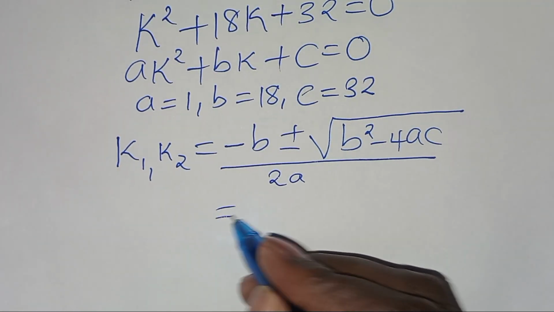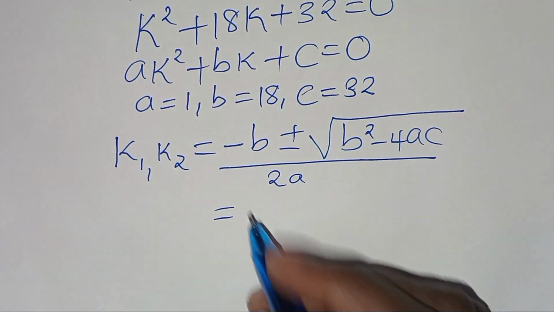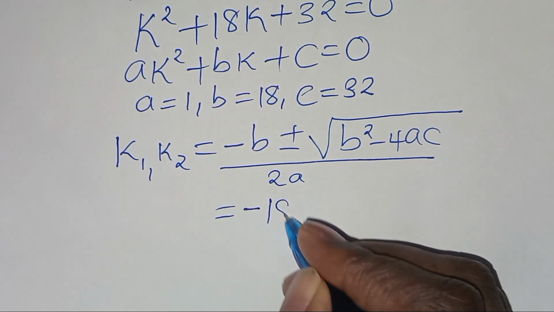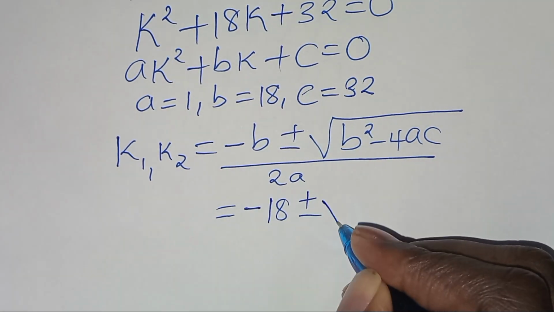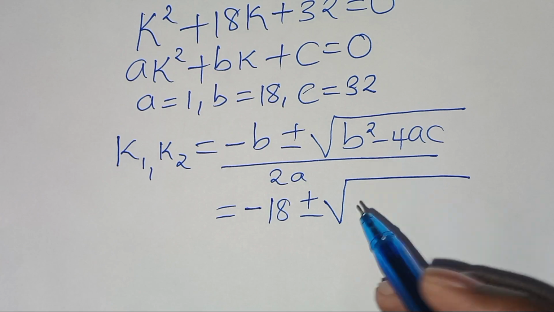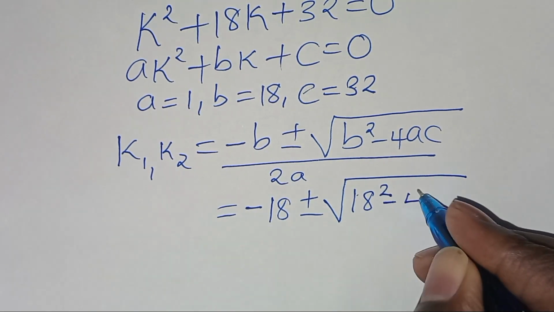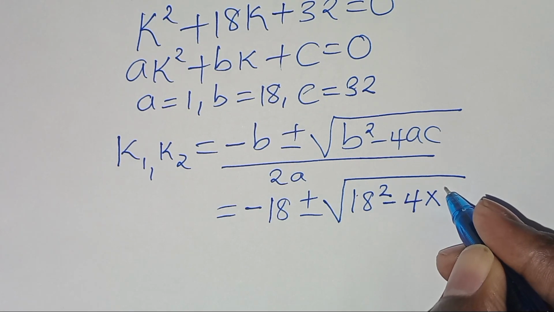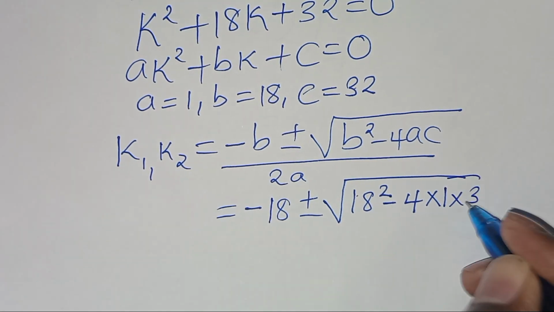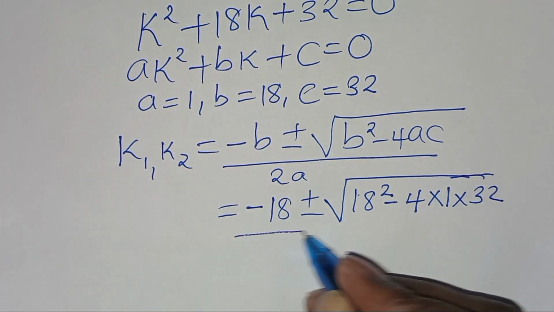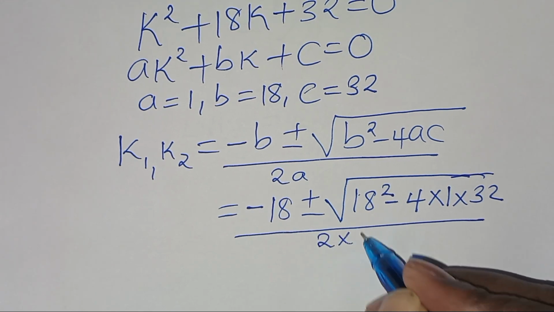In this case, by substituting the values of a, b, and c, here we have minus 18 plus or minus the square root of 18^2, subtract 4 times 1 times 32, all divided by 2 times 1.